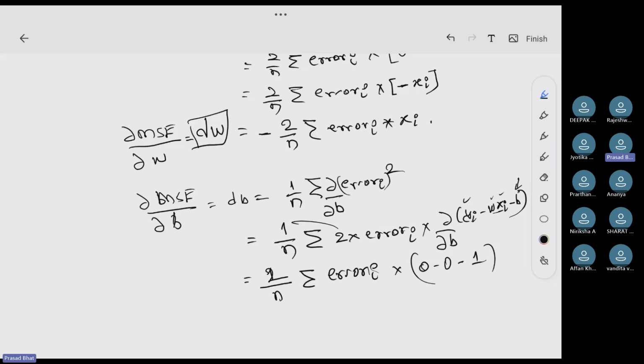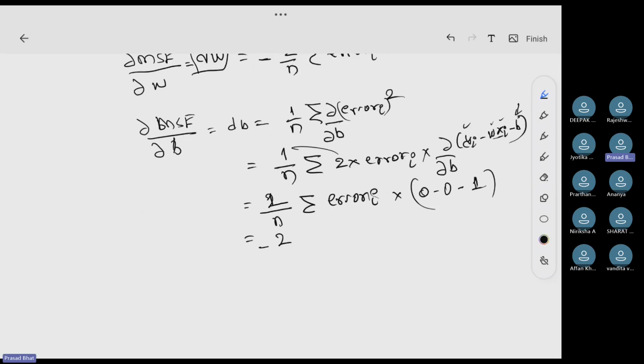This exponent 1 has come here, b to the power 0. So essentially it becomes minus 2 over n, taking this minus 1 outside, sigma error. Dou MSE by dou B is equal to dB. This is what it is. Got it? If you have any doubts, please ask. If it is clear, I'll move forward.